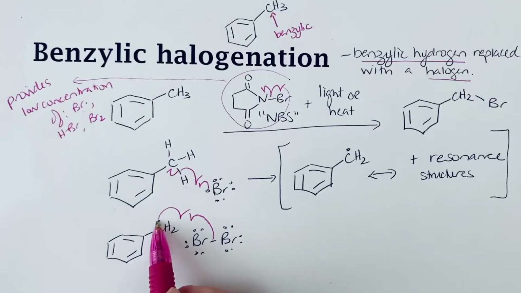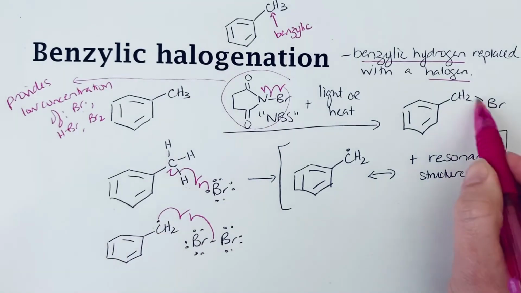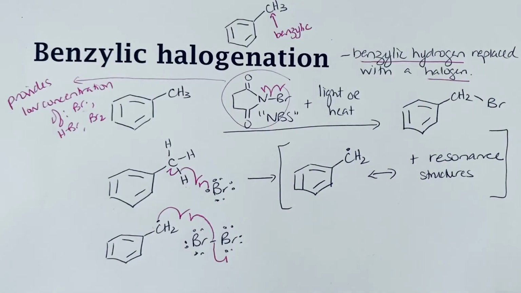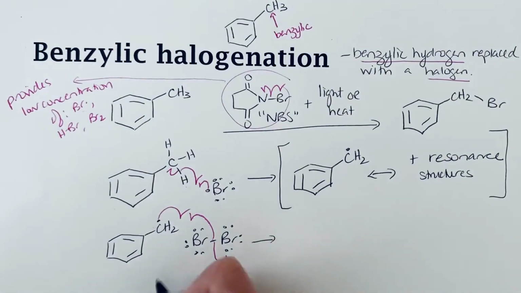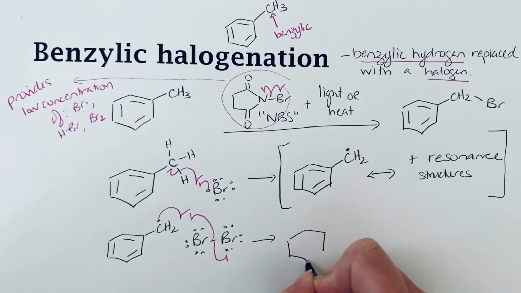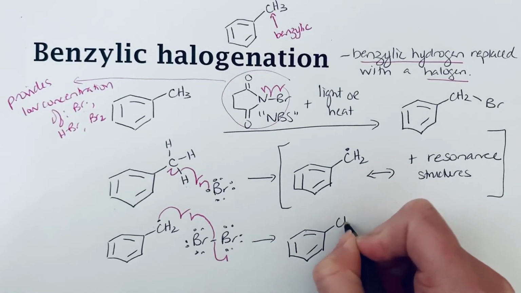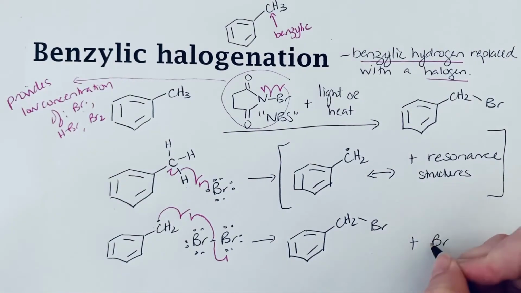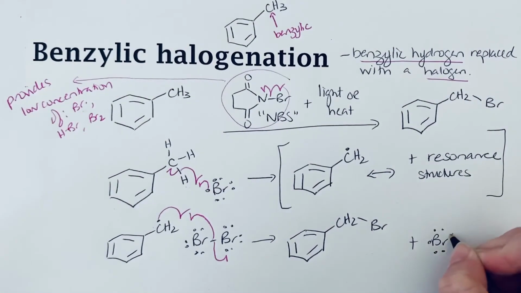So this is indicating that we are forming a carbon-bromine bond. That's what we're looking for. The other electron is going to form more bromine radical that can continue through the chain reaction. And that is how we can replace a hydrogen at the benzylic position with a bromine.